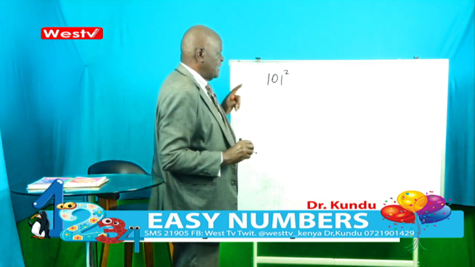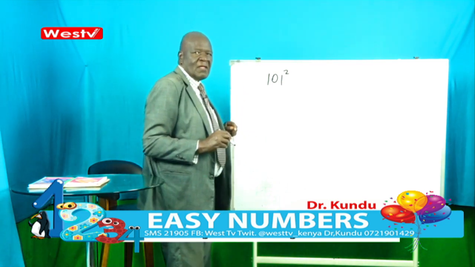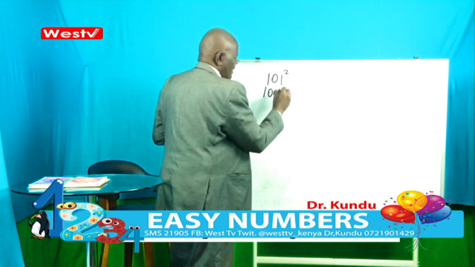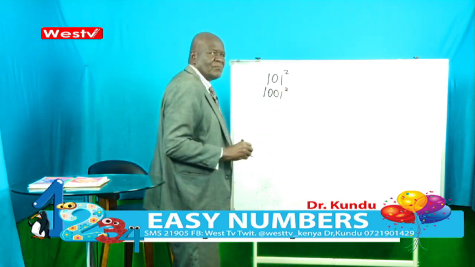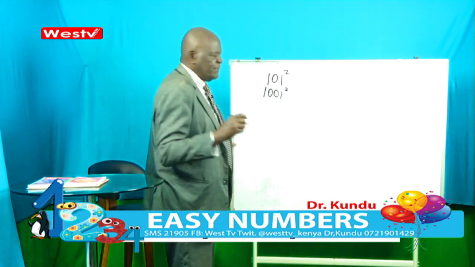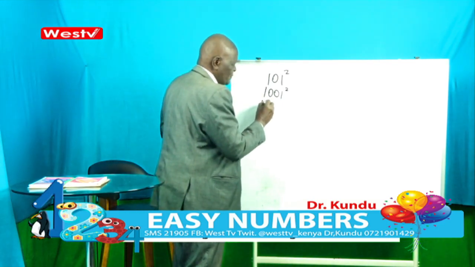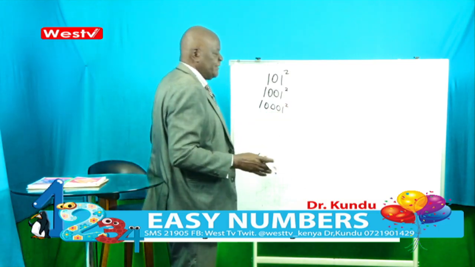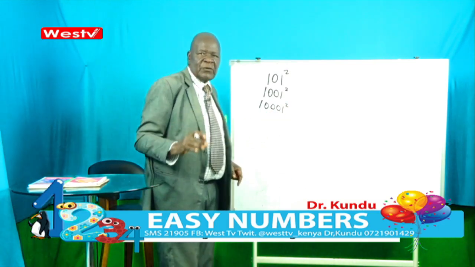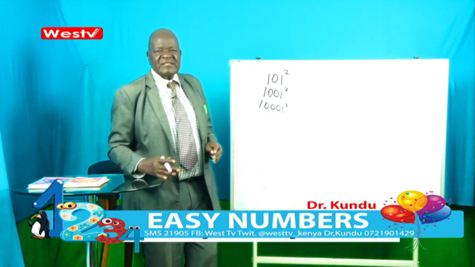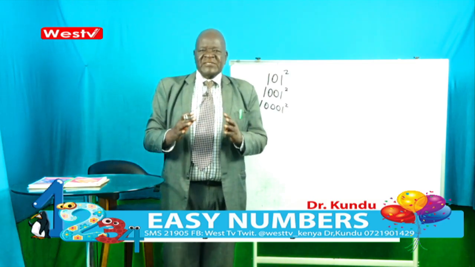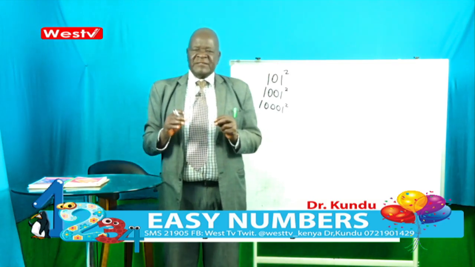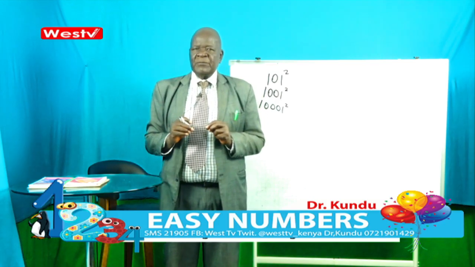This number can be extended to 1001 squared. The same number can be extended to 10001 squared. And you can go on and on and on. And these numbers may seem a bit difficult to square, and yet they are so simple to square.